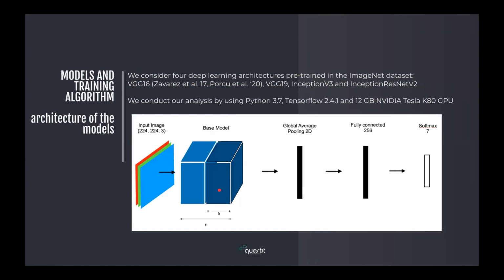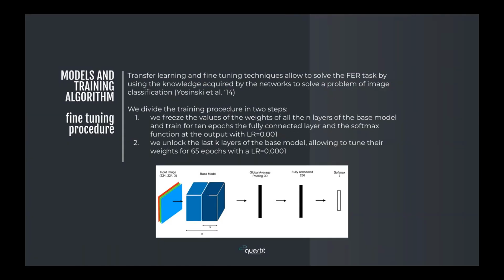We have the input images, the base model, so the pre-trained architecture, our task, namely the FAIR task, by using the knowledge acquired by the networks to solve a problem of image classification. Namely, the base models are trained on the ImageNet dataset in order to solve image classification.